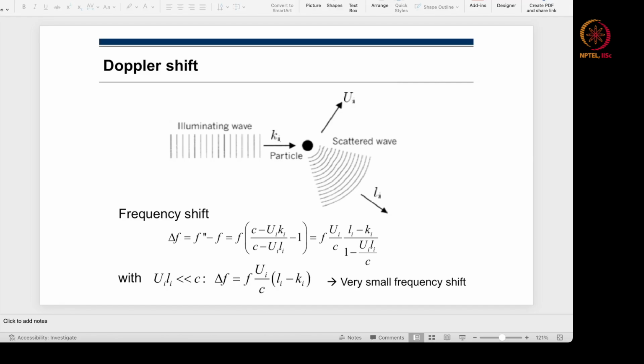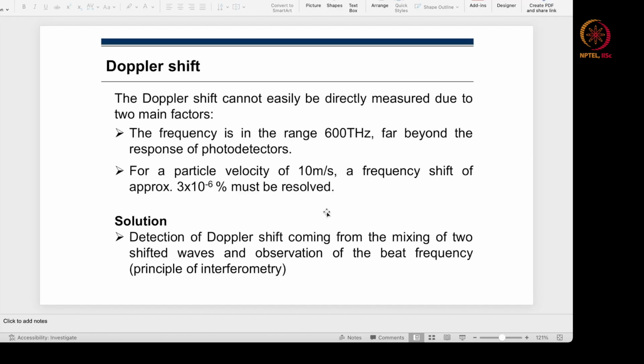All right. So the Doppler shift cannot be easily measured due to these two common factors that I mentioned. The frequency is in the range of 600 terahertz, which is beyond the response of any photodetector that you will have.